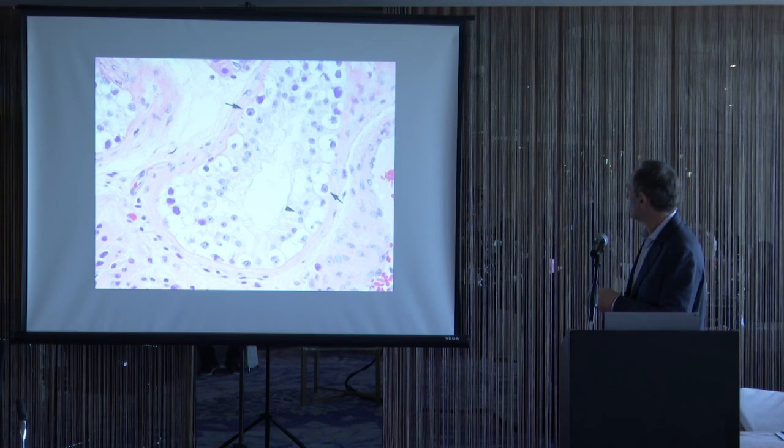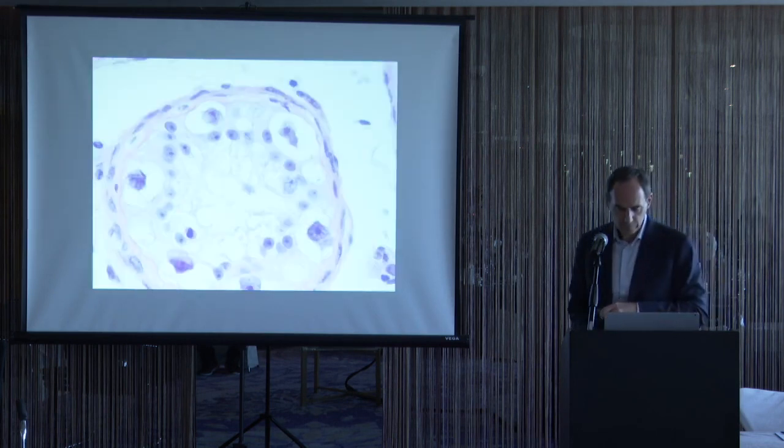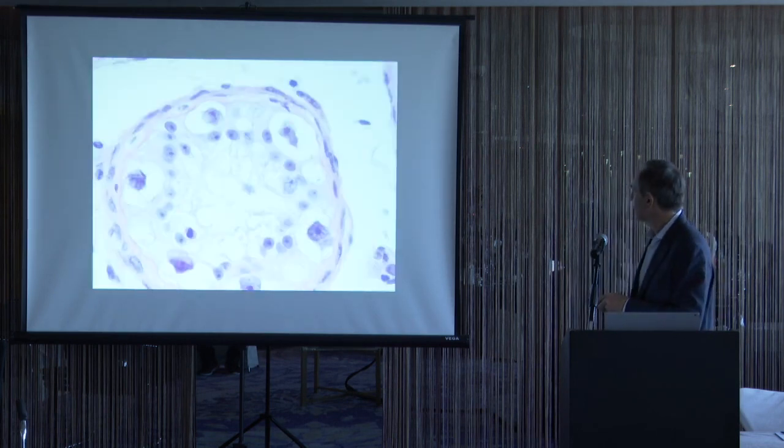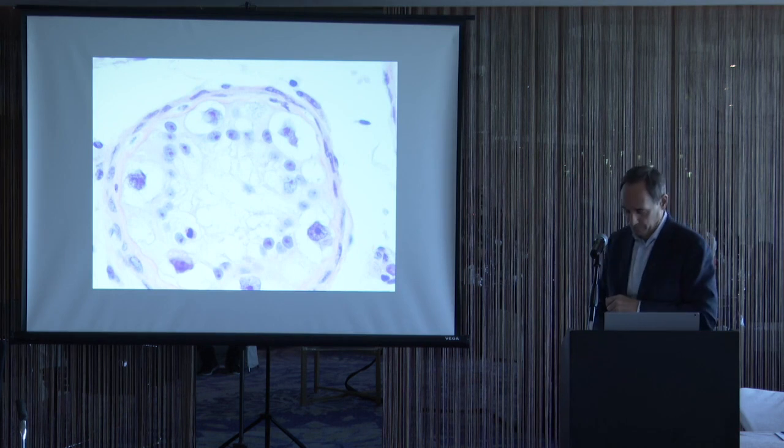Again, some of the germ cell neoplasia, just like seminoma cells, will be more smudgy and hyperchromatic. Here we see a little higher magnification, the distinction between Sertoli cells and germ cell neoplasia in situ.